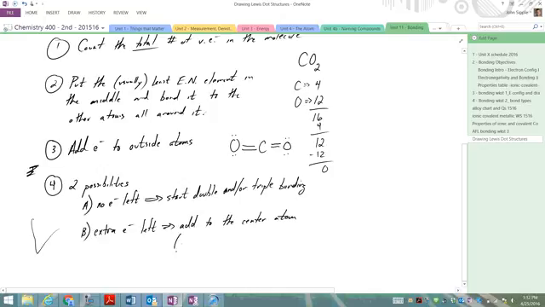Now, in some cases, you can have more than 8 electrons on the center atom. This is called the expanded octet rule.